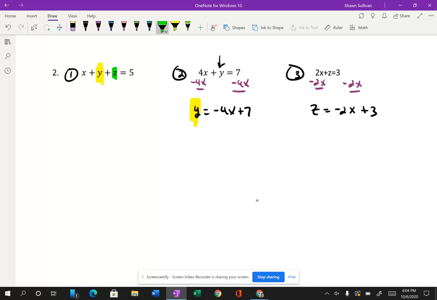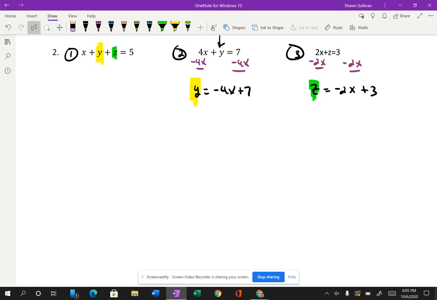And so we know what z is equal to. Now we're going to take the equations that we solved and substitute our values. We're going to substitute our y value in here, and we're going to substitute our z value in here. So let's just do that.